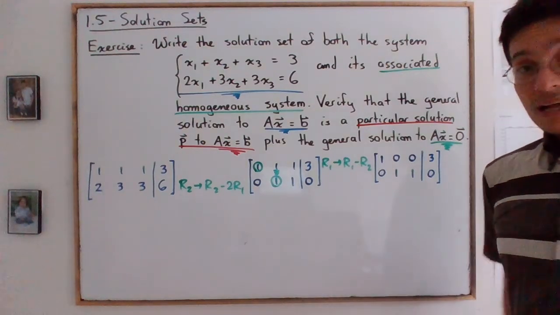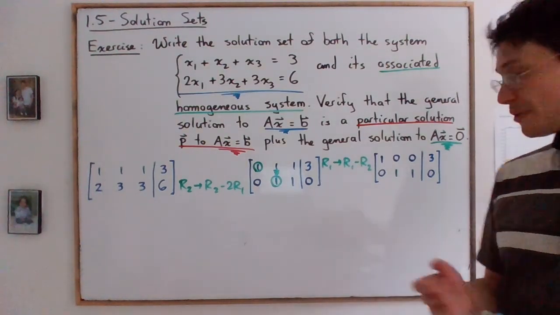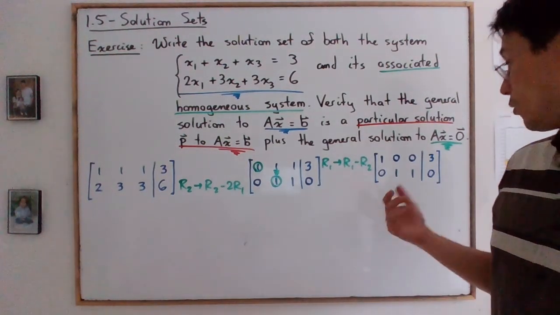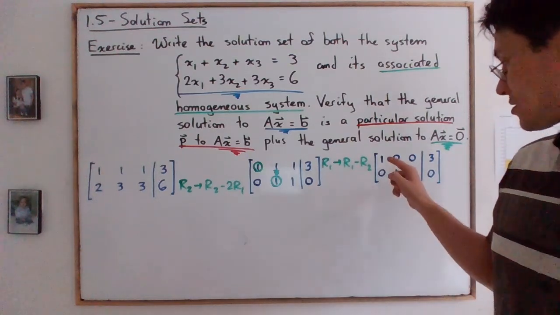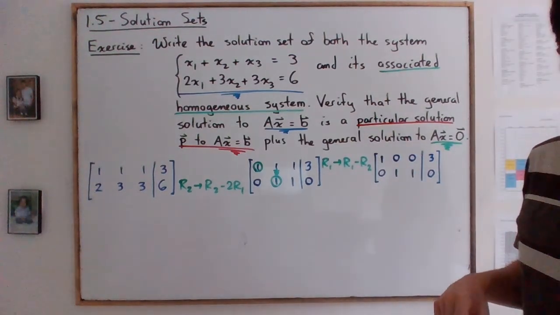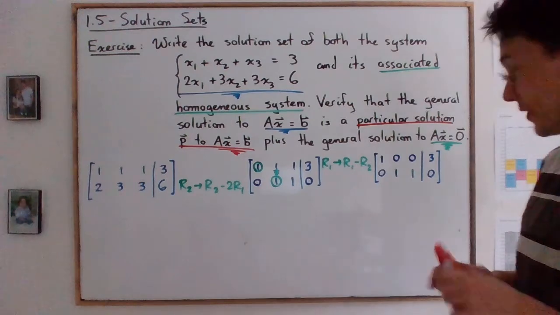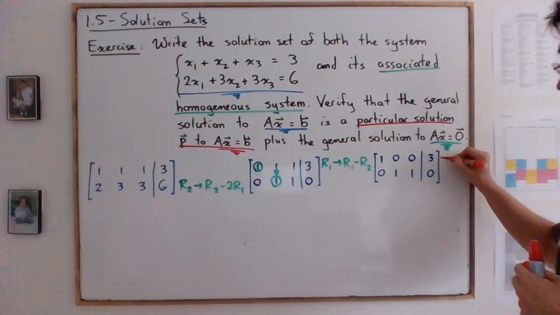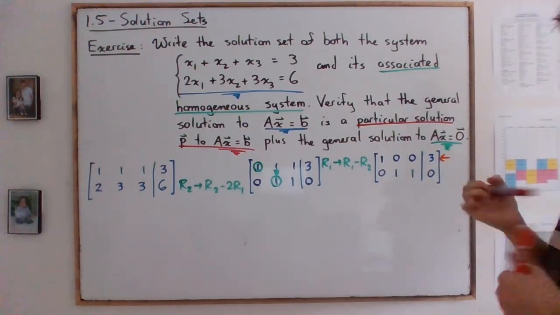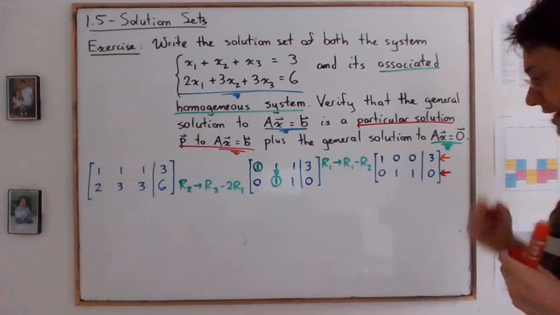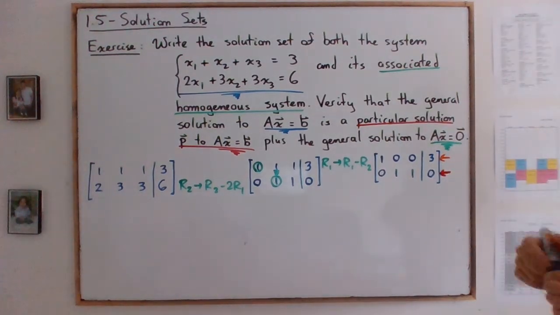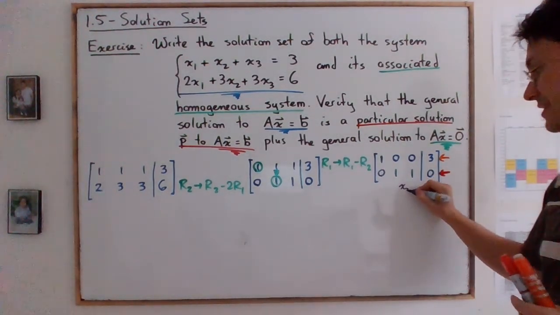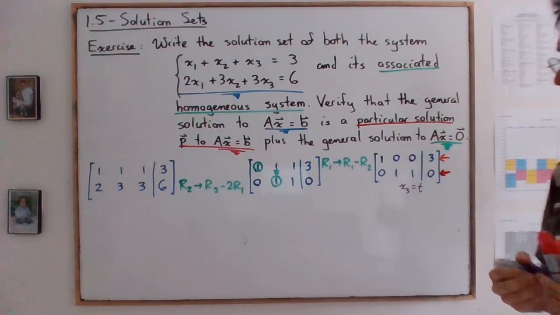Now, first of all, remember that you have two basic variables, x1 and x2. So here we go, this will be x1, this will be x2. And the free variable is x3. So we're going to say here x3 is equal to t.